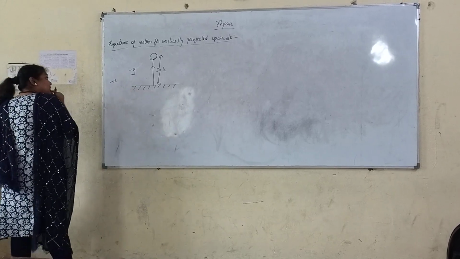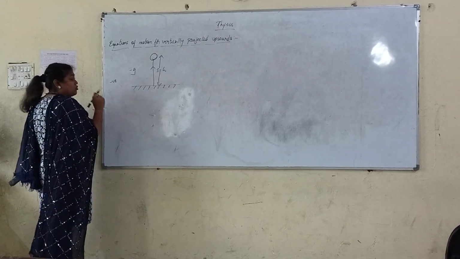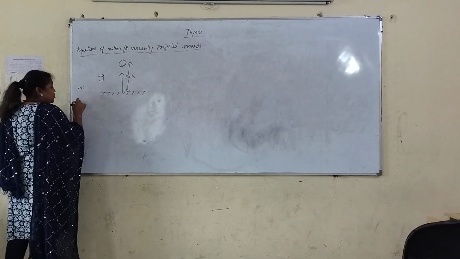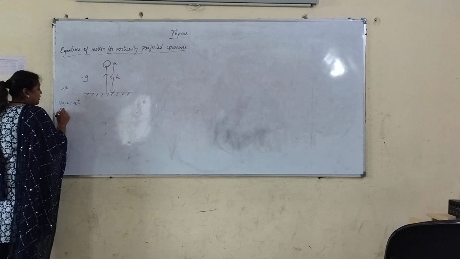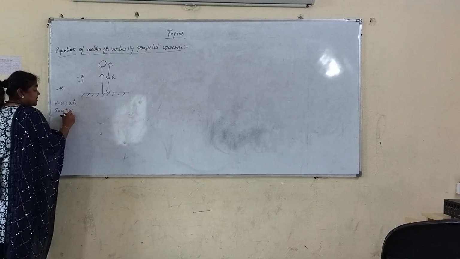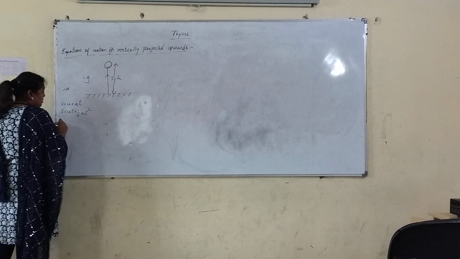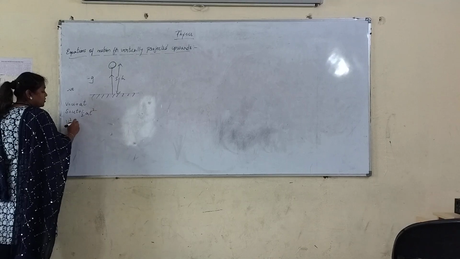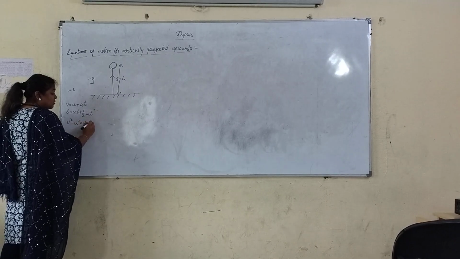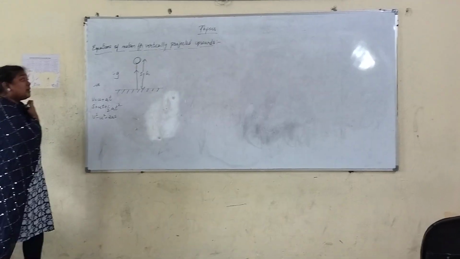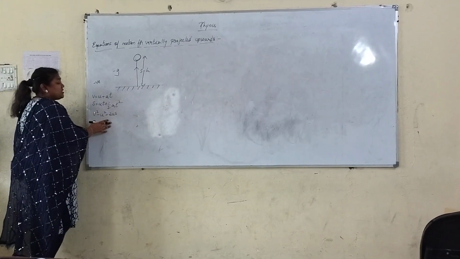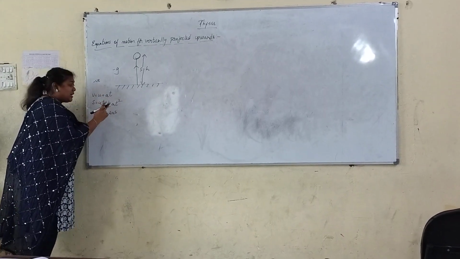And for this we are going to write the equations of motion. We know that the equations of motion are v equals u plus at, s equals ut plus half at square, and v square minus u square equals 2as. These are the three equations we have, and now we are going to write the same equations for vertically projected upwards.